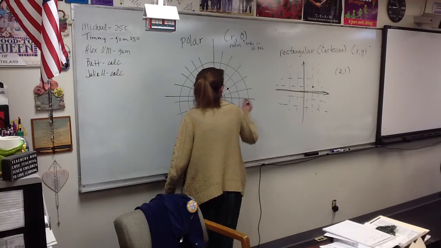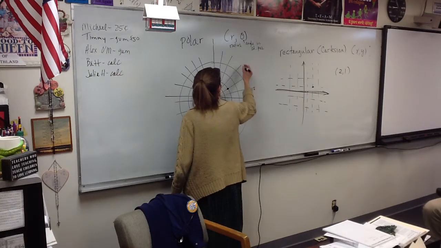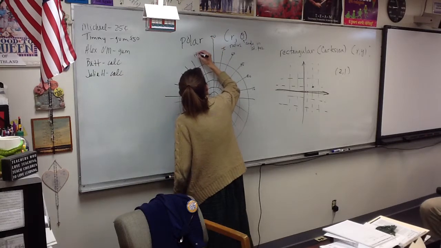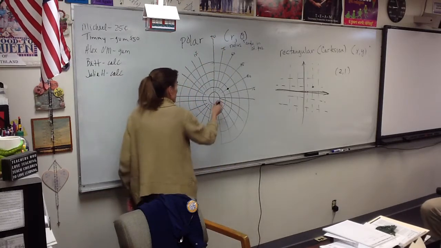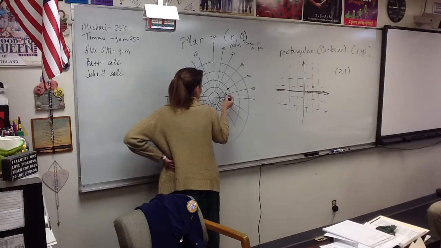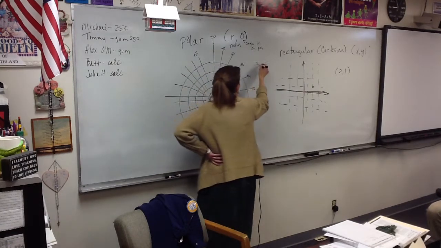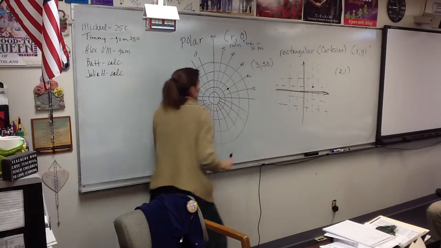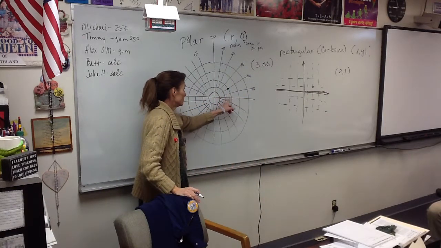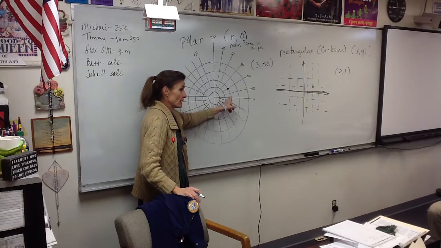In the graph paper you get, the angles are labeled like this, and so on around. So this point right here would be the point 1, 2, 3, comma 30. That would be the point 3, comma 30. How did I get to 3? The 3 radius. Yeah, 3 out.